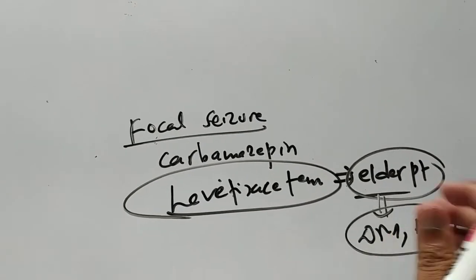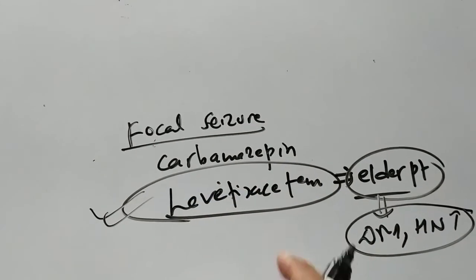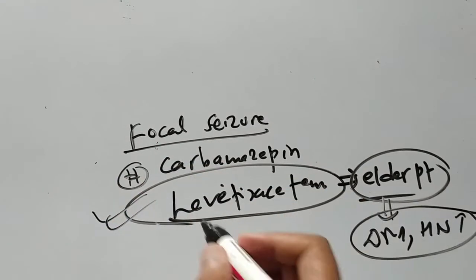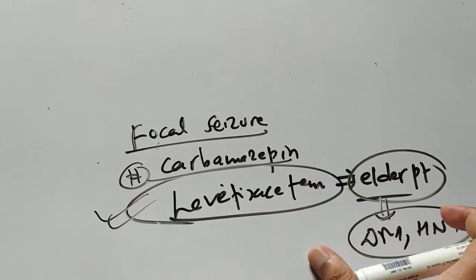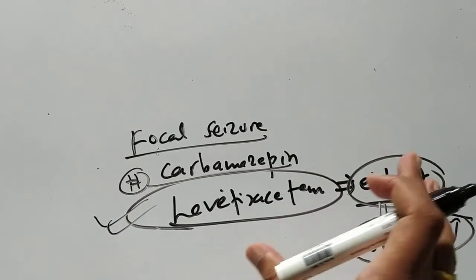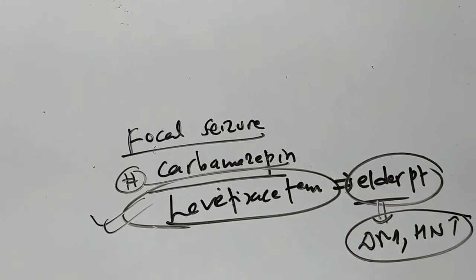In those patients, this drug is a preferred choice. But in normal patients, those who do not have any comorbid condition or who are not elderly, you can easily give carbamazepine.